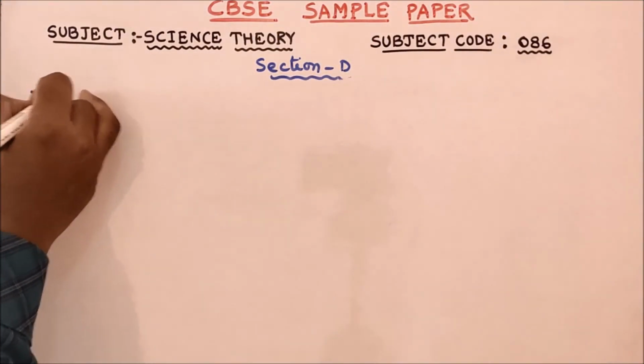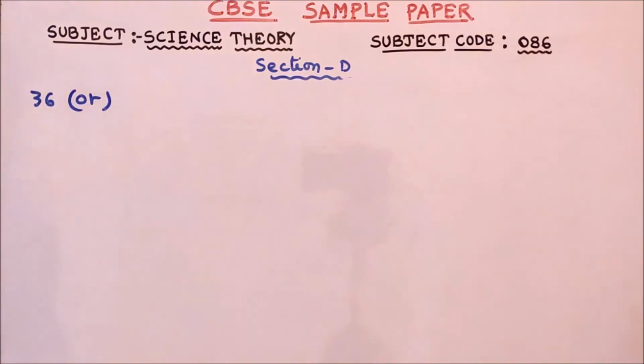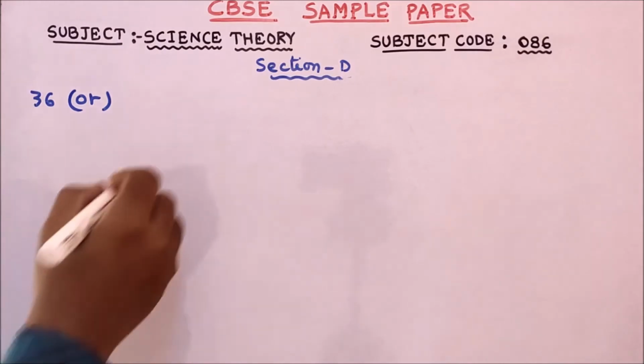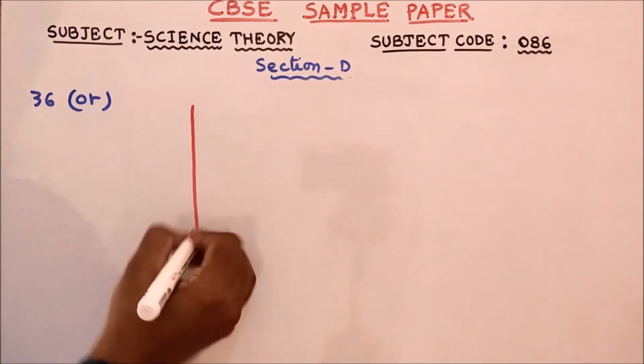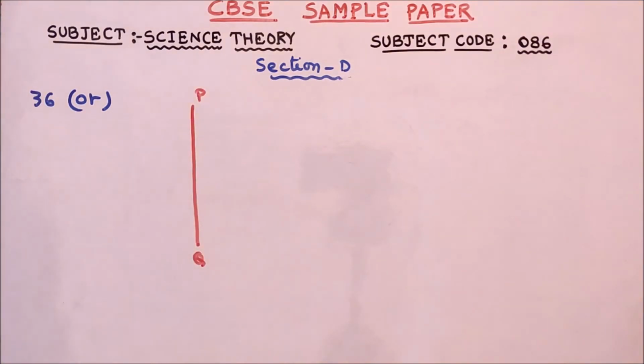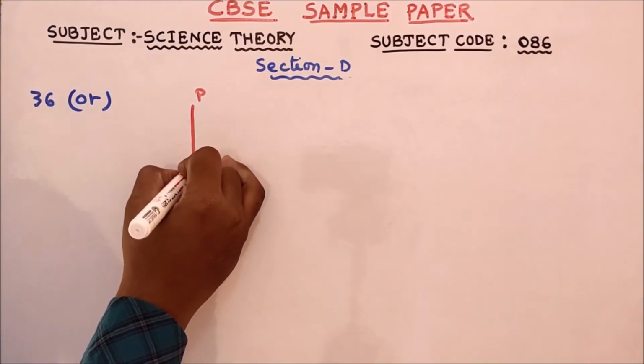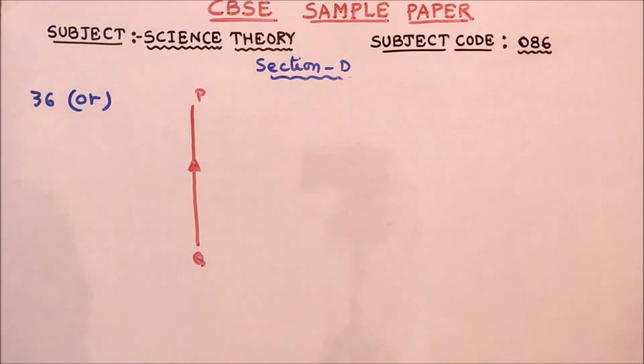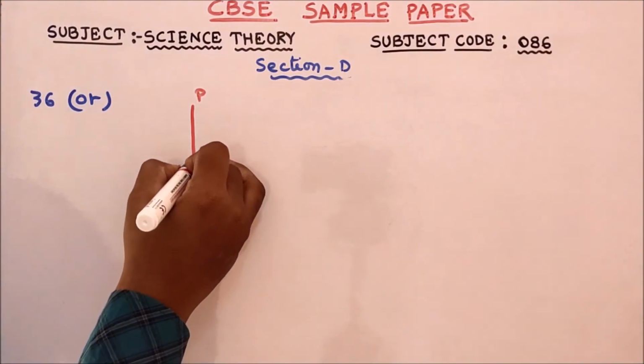So 36 or. There is a diagram there, so let me draw the diagram for you. This is a current carrying conductor and its name is PQ, and current is flowing in this direction. Let me use black color for the direction.